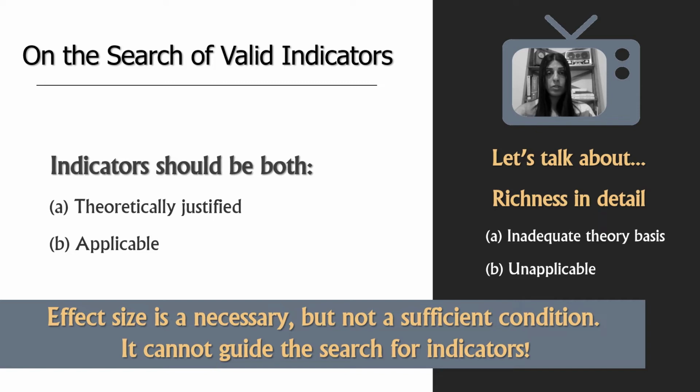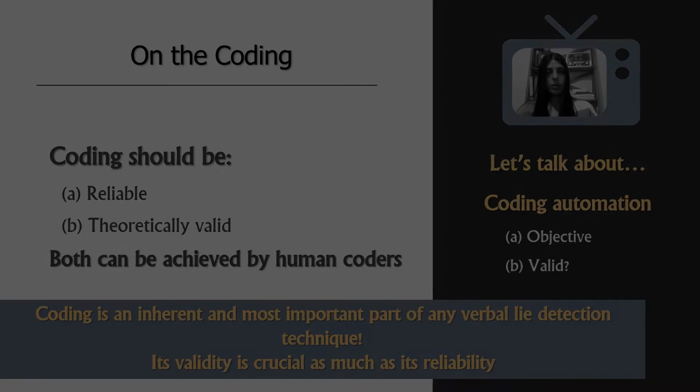Those suggestions were based on comparing effect sizes. Well, effect size is definitely a necessary condition, but not a sufficient one. It cannot guide the search for valid and useful indicators.